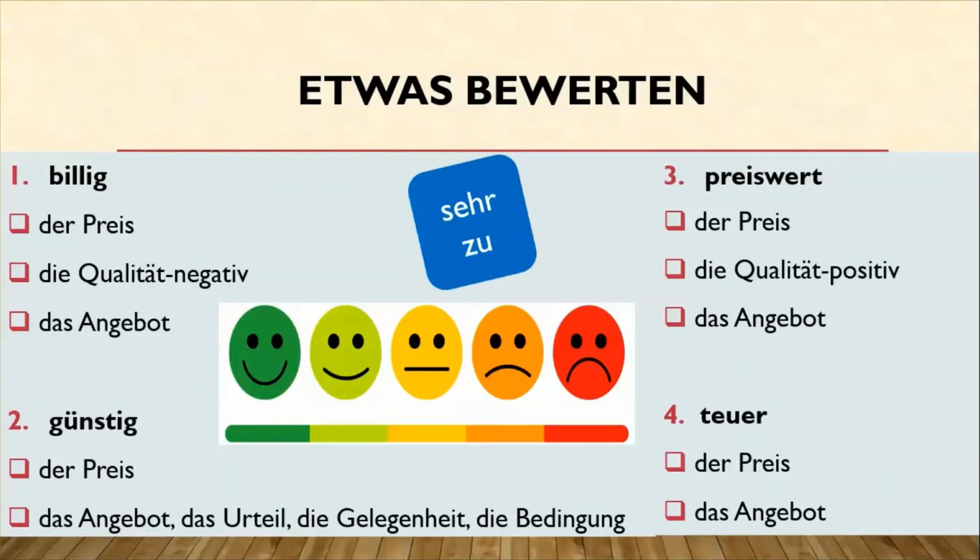Also note that we can add sehr in front of these four terms, billig, günstig, preiswert, and teuer, to mean very, so very cheap, very expensive, etc. And we can add zu in front of these four terms to mean too, T-double-O.